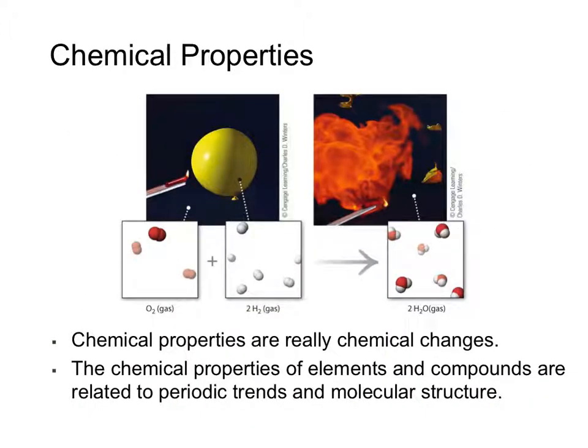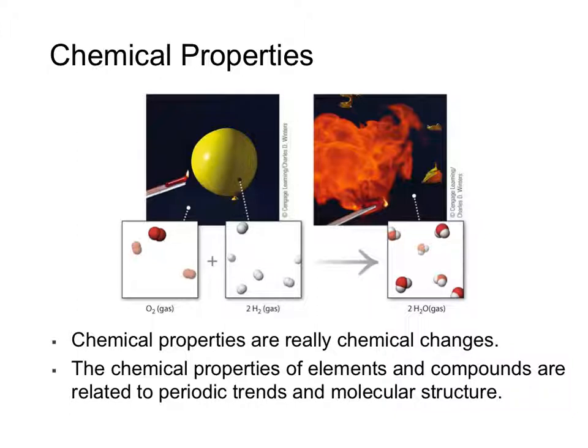When we're investigating chemical properties, what we're really investigating are chemical changes. In a chemical change, the actual composition of the substances will change. We create something new. For example, if we react together oxygen gas and hydrogen gas, we can form H2O.